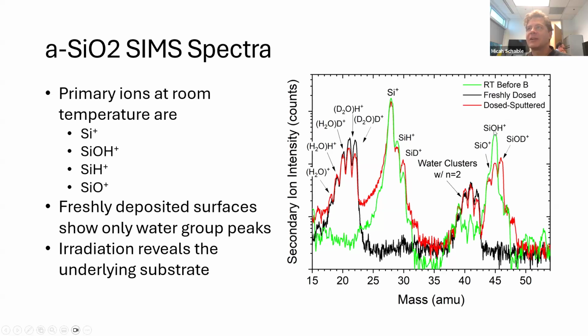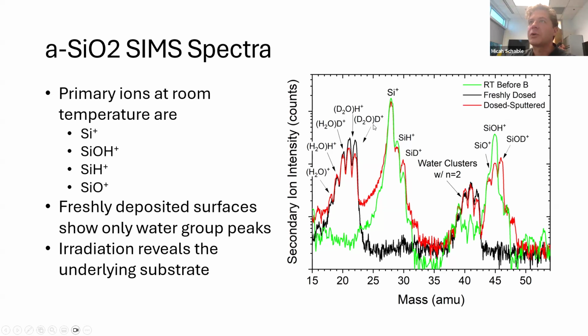So even in these room temperature SIMS spectra, we can see a recombination of the incident hydrogen ion with the silicon, which persists after sputtering from the surface.